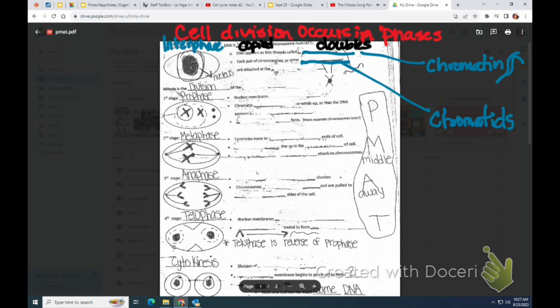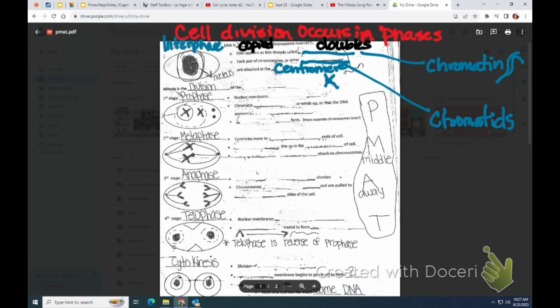Each pair of chromosomes or sister chromatids are attached to this word here, centromere. And it's talking about this drawing here where there's an X with a dot in the center. That dot in the center is the centromere. The picture to the left of that is what a cell is going to look like during interphase.